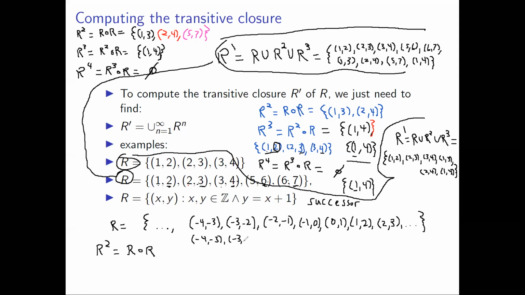And we're going to use the same process that we used for those first two relations to find the powers and then the transitive closure. But this time, our powers are not going to become empty. So they're going to continue to have infinite cardinality. But we will quickly see a pattern.